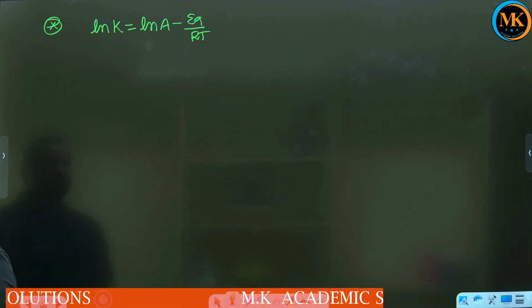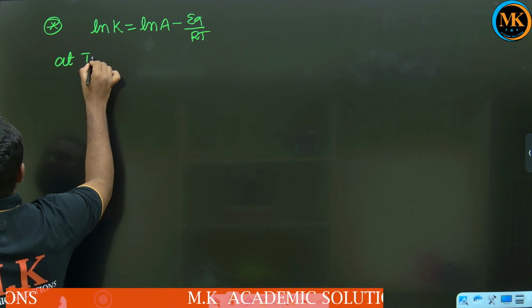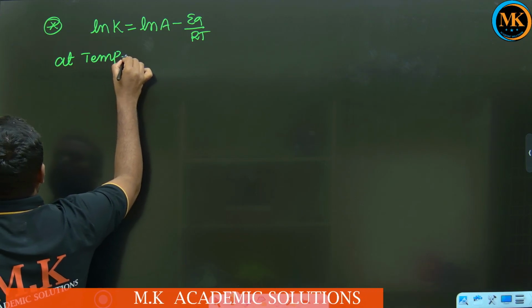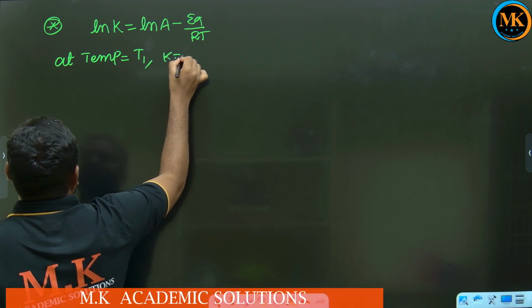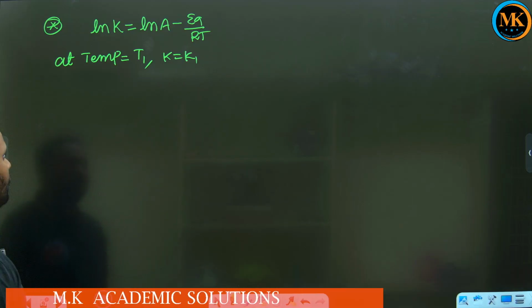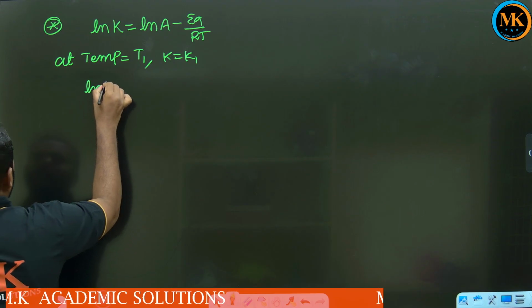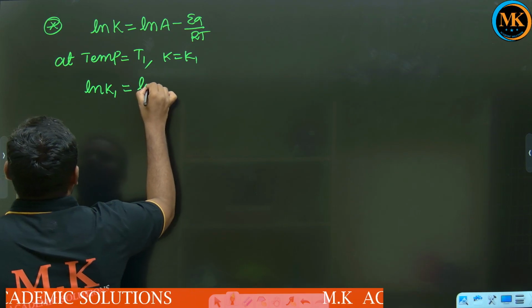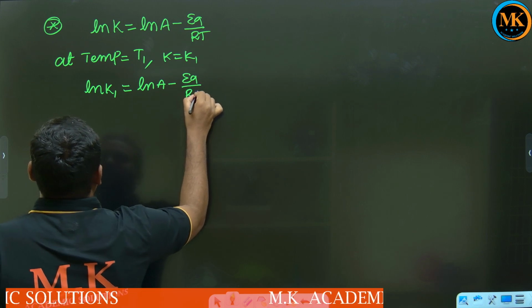Okay, at temperature T1, K is equal to K1. So now what is the Arrhenius equation? We can write ln K1 equal to ln A minus Ea by RT1.